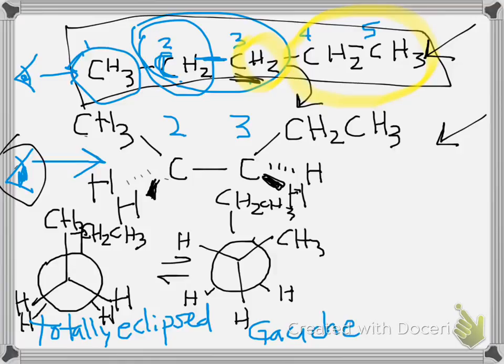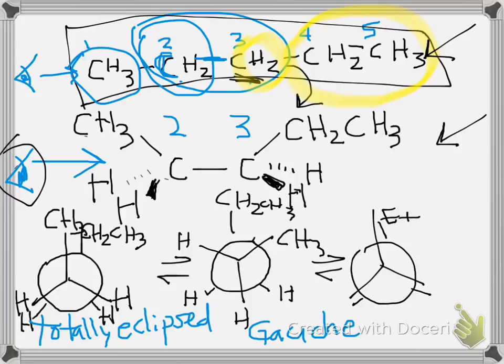Gauche. Alright, we can do 60 more degrees, right? Hold the back steady, turn the front 60 degrees. And when we do that, we get an eclipsed conformer again. And this one actually is called eclipsed. I'm going to put Et for ethyl because it's just easier. A lot of chemists do that. Now we have a hydrogen.